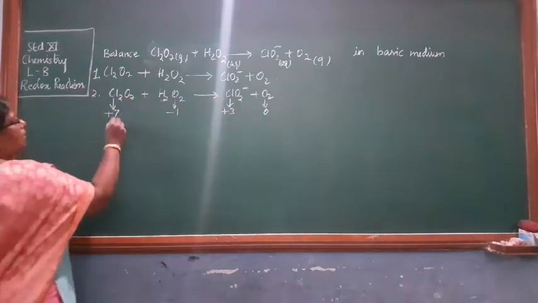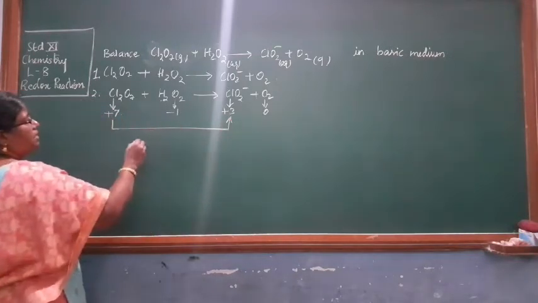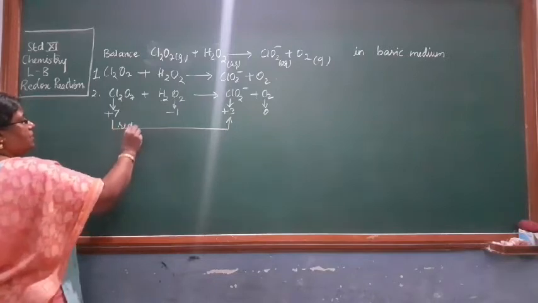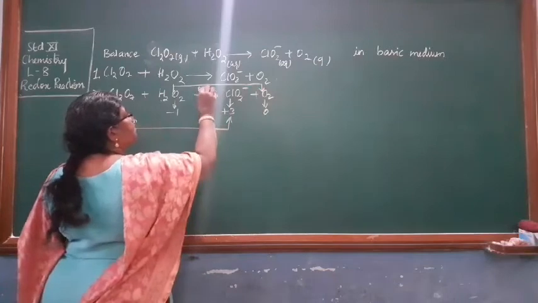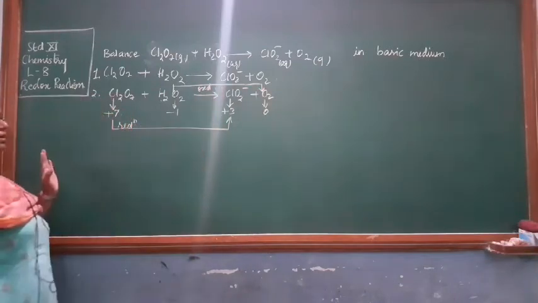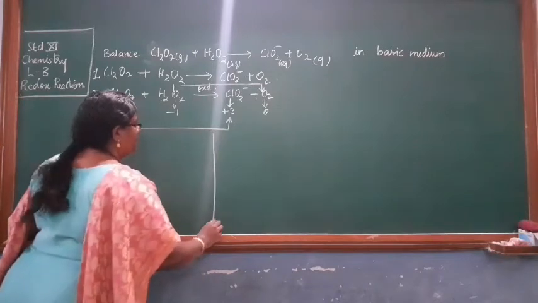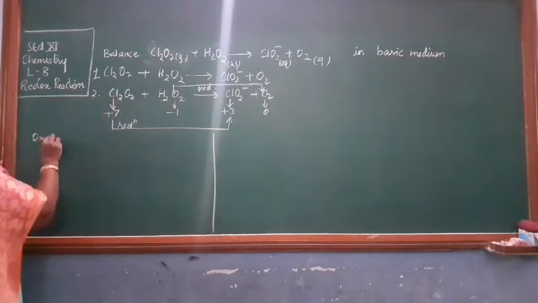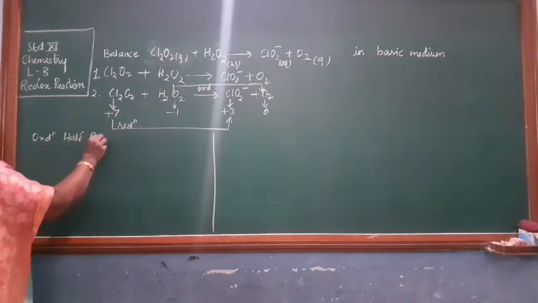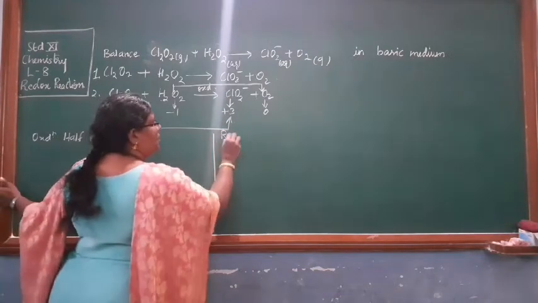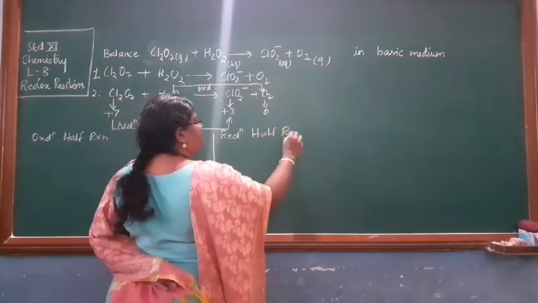So which is your oxidation and which is your reduction? You come to know here itself. This is your reduction process and this is your oxidation process. Okay, our next step is to separate out, isn't it? So I will separate out the oxidation half reaction, and this is your reduction half reaction.